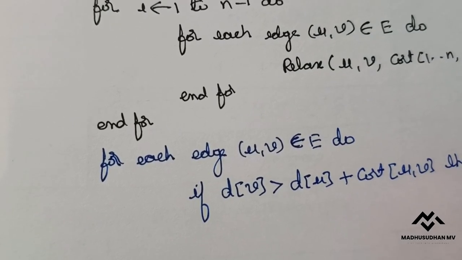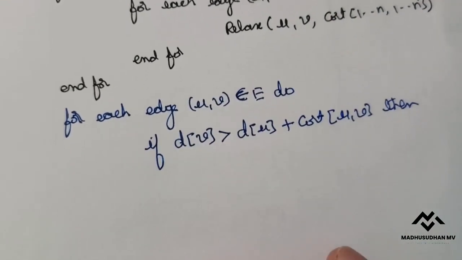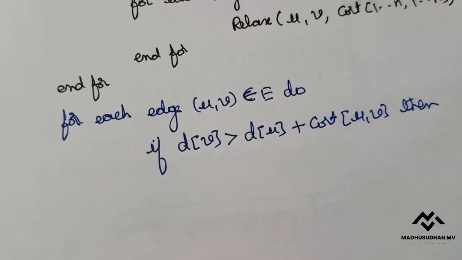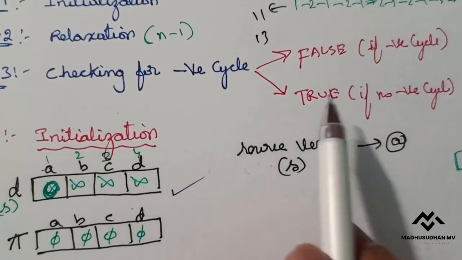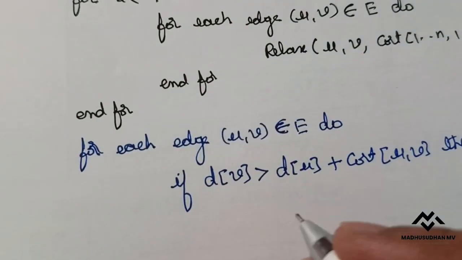If it is still greater, the new one is lesser, so it keeps decreasing. Decreasing means it has a negative cycle. If there is a negative cycle, what do we return? False.